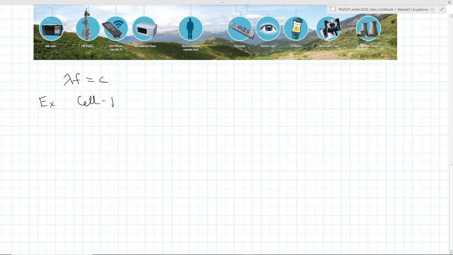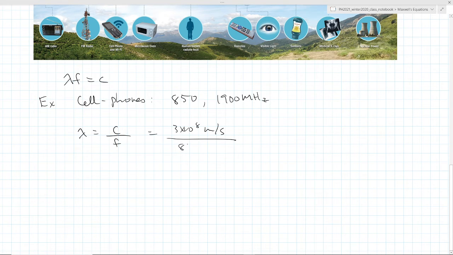So let's look at a quick example. It so happens that cell phones operate at different frequencies, but common cell phone frequencies are 850 and 1900 megahertz. And so if you want to know the wavelength of that, the wavelength will just be c over f, 3 times 10 to the 8th, divided by 850 times 10 to the 6th.